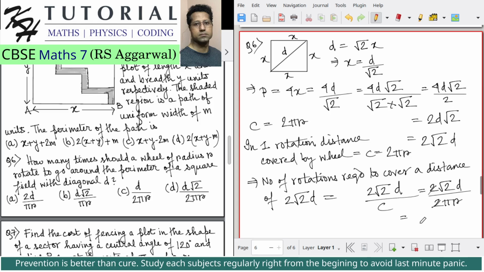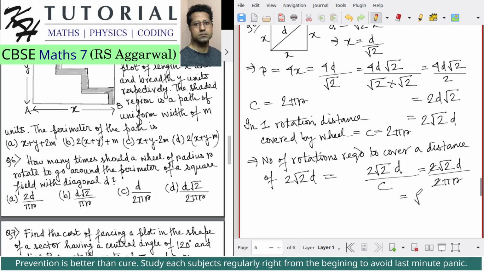This is equal to square root of 2 d by pi r. So this many rotations the wheel has to make so that it will cover the entire perimeter of the square. So the answer is B. B is the correct choice.